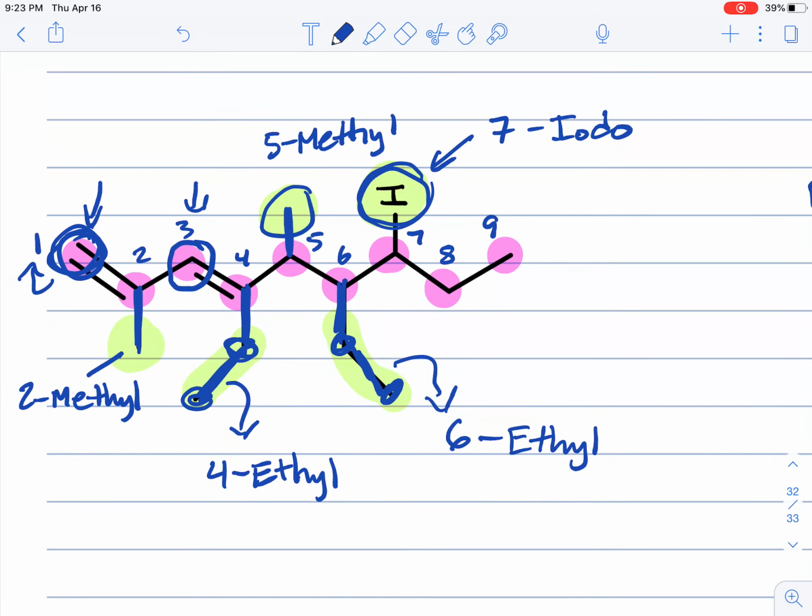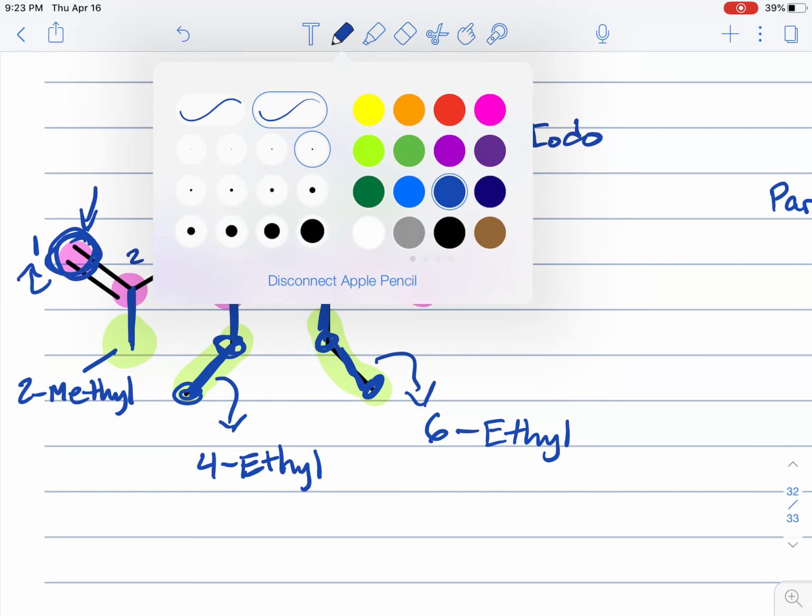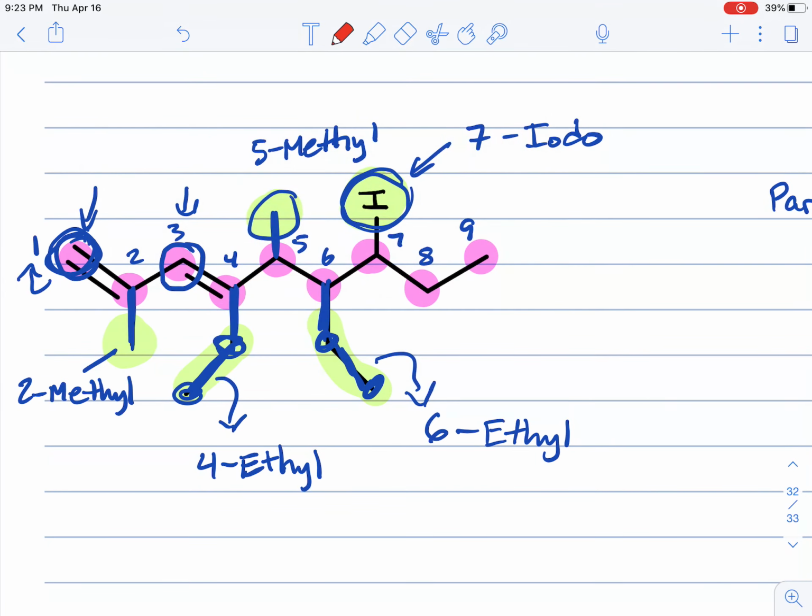Okay. So now that I have labeled all the pieces, all the substituents, I need to figure out which of these substituents I'm going to name first. And so I have to do this in alphabetical order. I have E, okay? So probably this one is going to go first because it's 4, and then this one's going to go second, if you will, or I'm going to combine them. So this is 1A, 1B.